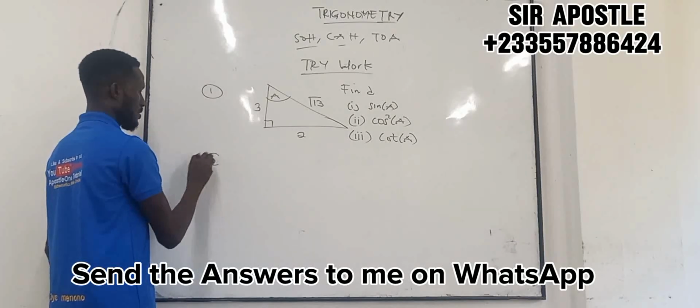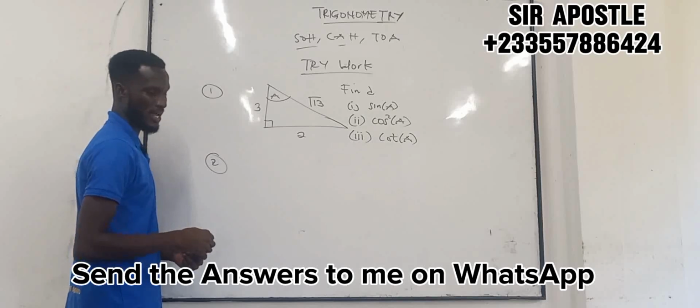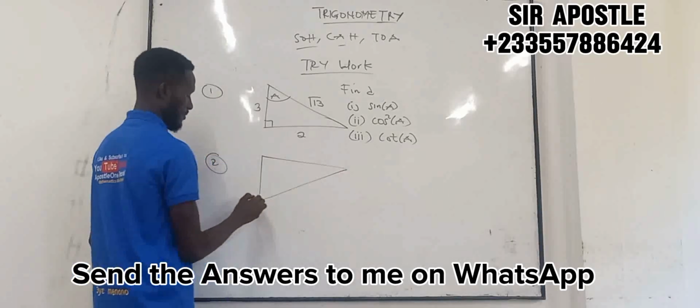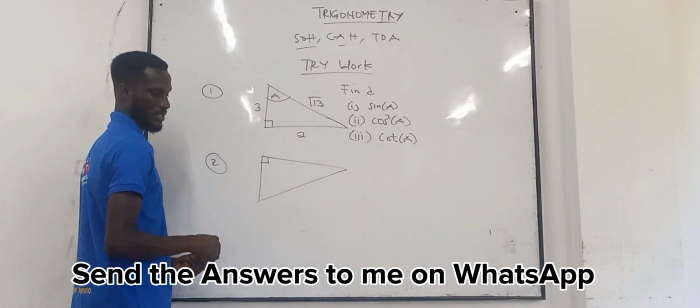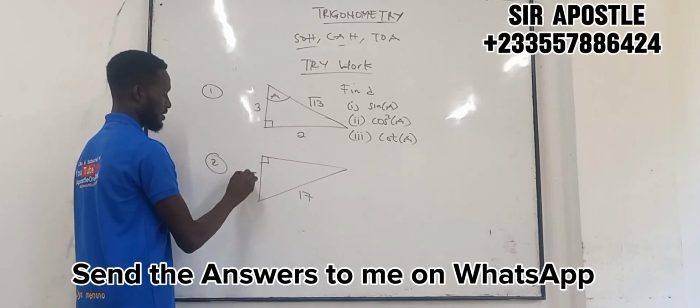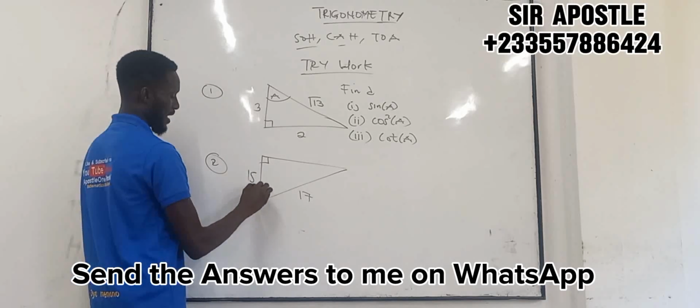Then question 2, I'm going to give another triangle. So we have a right-angled triangle like this. 90 degrees is here. Now we have here to be 17 and this side to be 15. Let me consider my angle to be here.